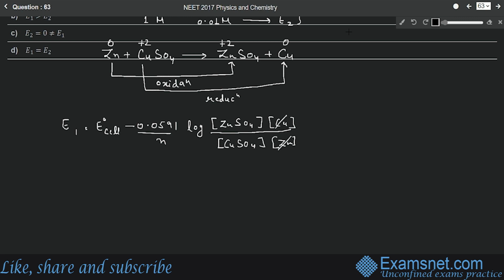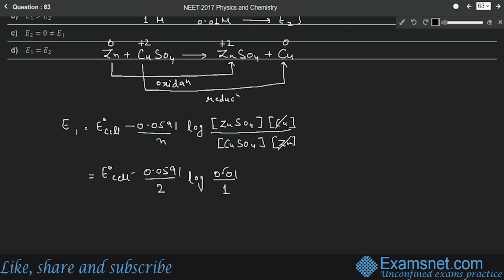So let's cancel these two. So what is left here? E naught cell minus 0.0591 upon n, where the number of electrons transferred is 2 here, right? So it will be 2 log of the concentration of zinc sulfate, which initially was 0.01, right? And that of copper sulfate was 1.